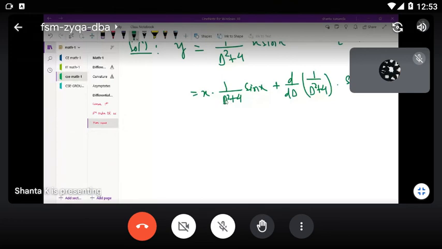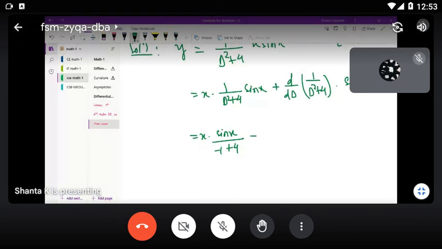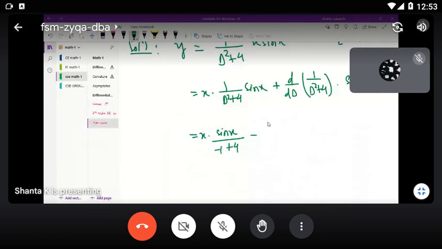A is 1, so minus 1 plus 4. Plus here, if you differentiate this one, we get d square plus 4, and differentiating 1 by x gives minus 1 by x square. So you will be getting 2d, minus 2d by d square plus 4 whole square.